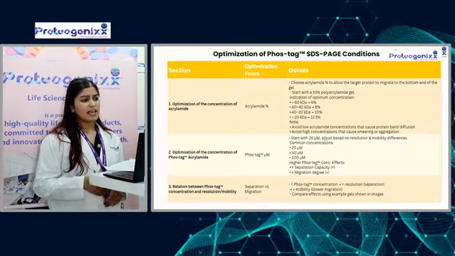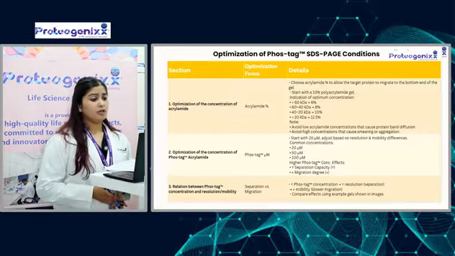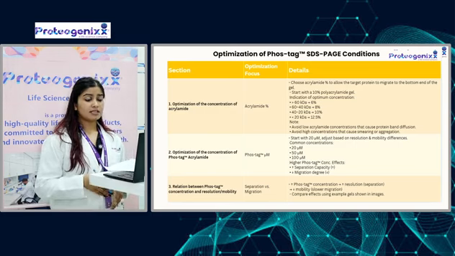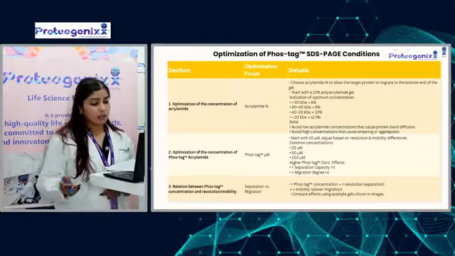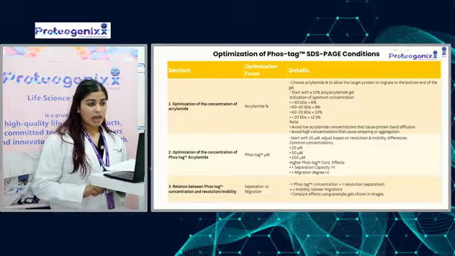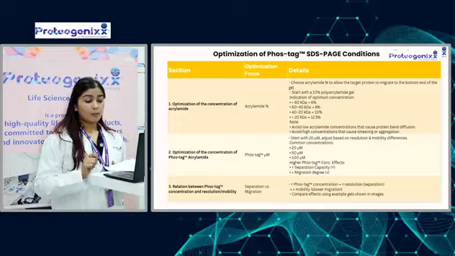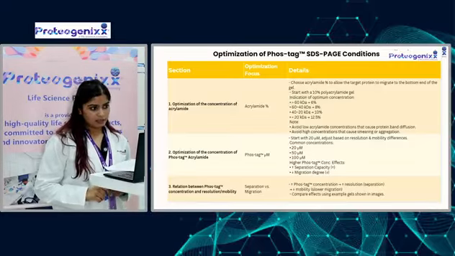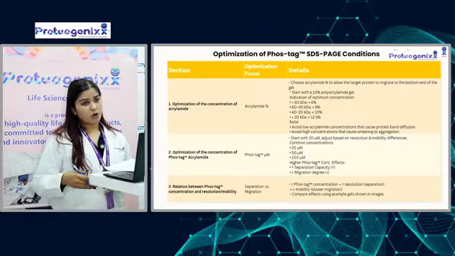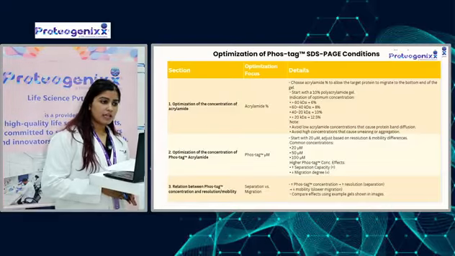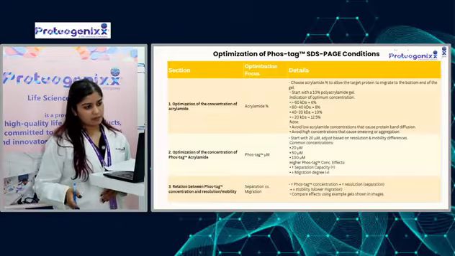So optimization is also very important when you are making the gel, and that is done based on the size of your target protein. When making the gel, we have to optimize the concentration of acrylamide. When your target protein is smaller, we use higher percentages of gel, around 10 to 12.5%.